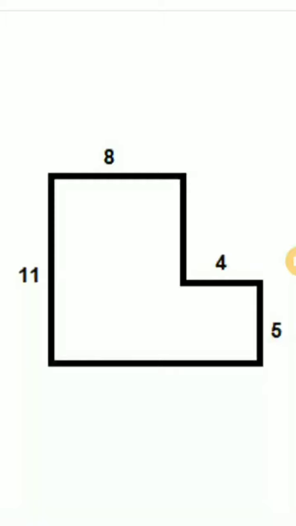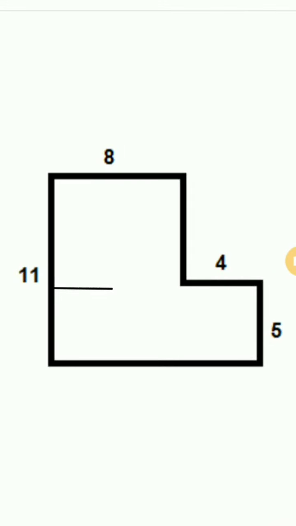We have studied how to find out the area of a rectangle and area of a square. So we can find the area of this particular figure using the area of rectangles and area of squares. But that is possible only if we can divide this figure into rectangles or squares.